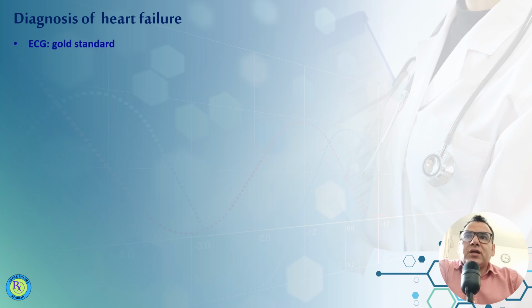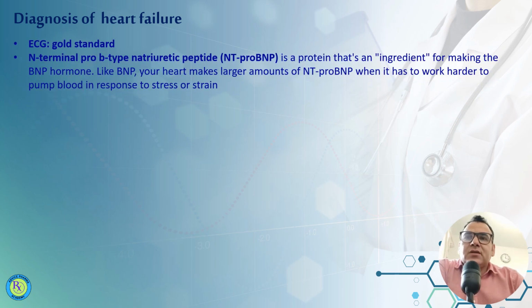So how do we diagnose heart failure? First is to use symptoms, which are fatigue, dyspnea, edema, and exercise intolerance. Then an ECG can be done to confirm it. One important test used in ambulatory settings or clinics is NT-proBNP, which is N-terminal pro-B-type natriuretic peptide.